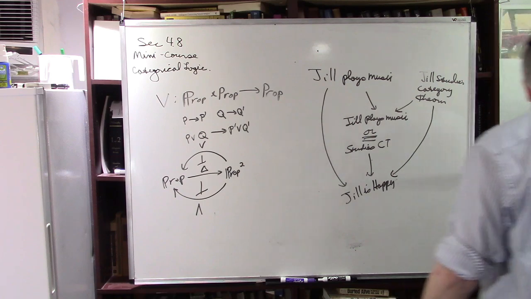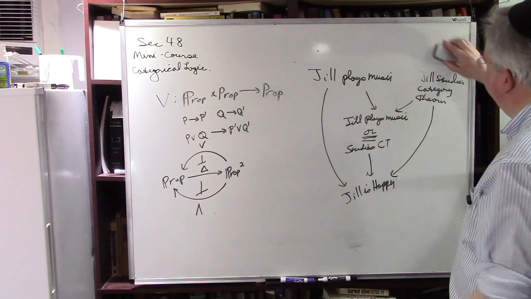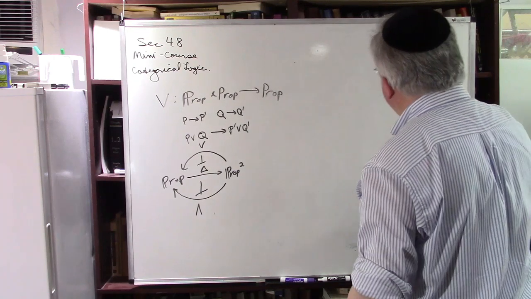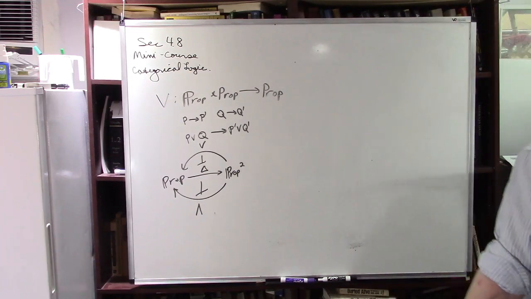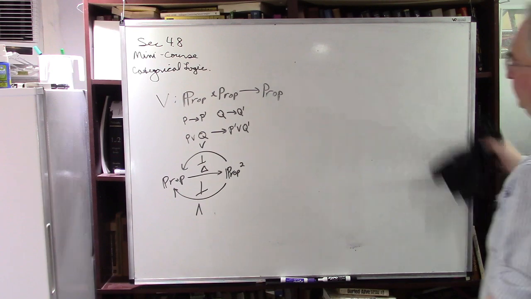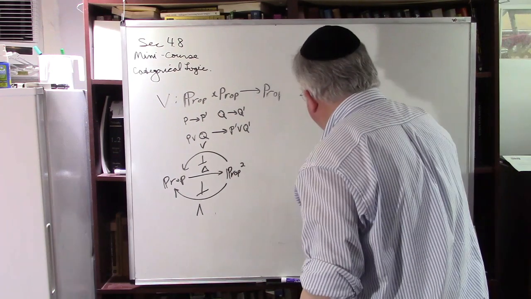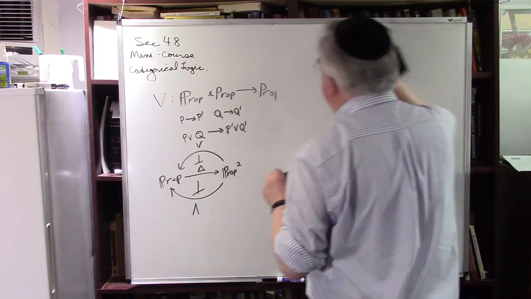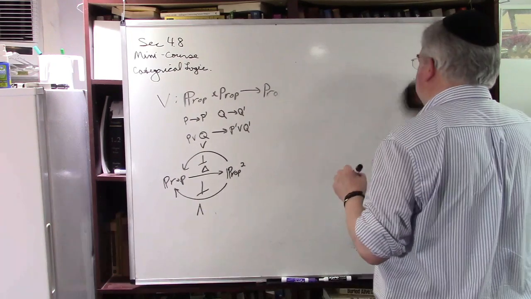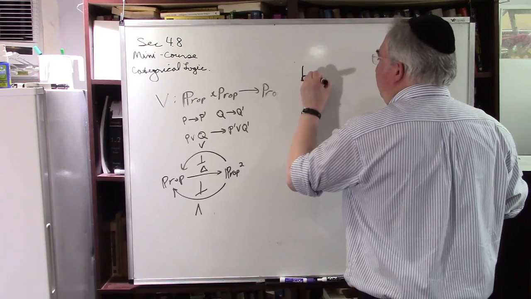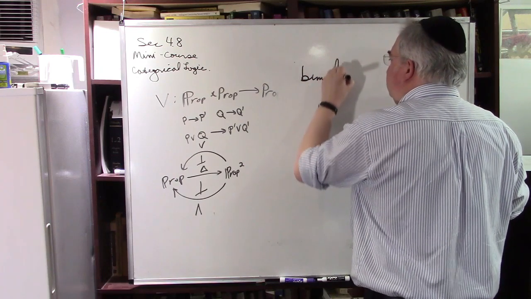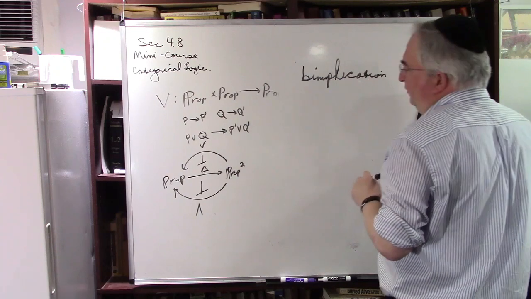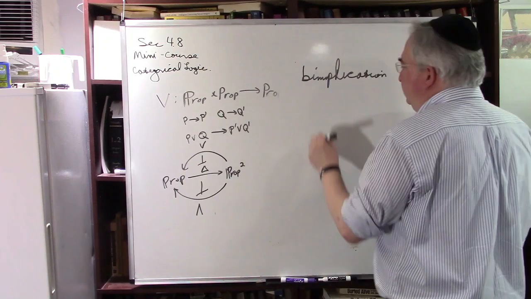Okay, great. More operations. Okay, so there's another operation called a biimplication. It's basically another way of saying if and only if, and it goes as follows.